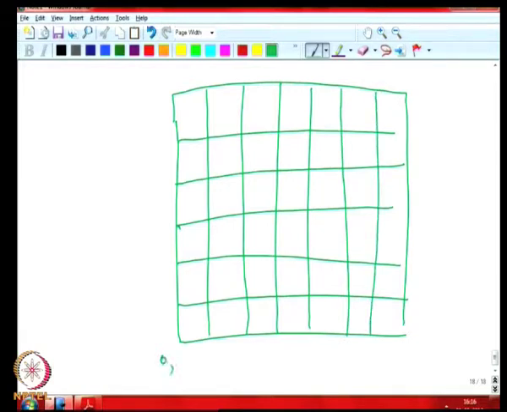So this is 0 0. Let's see, this is 1 2 3 4 5 6, right. 1 2 3 4 5 6. Suppose I want to reach, sorry, 1 2 3 4. So this is the point I want to reach.